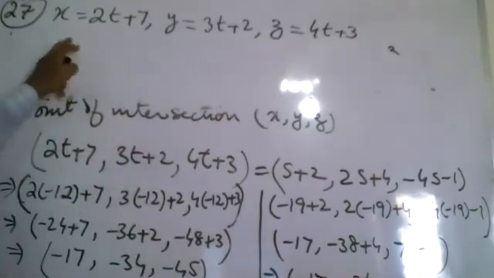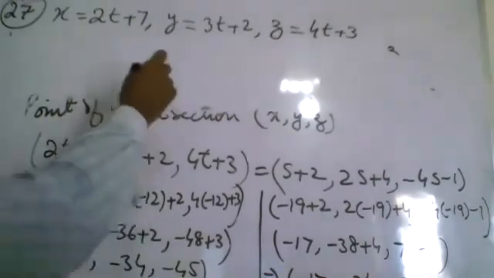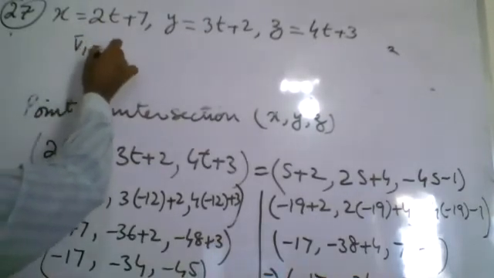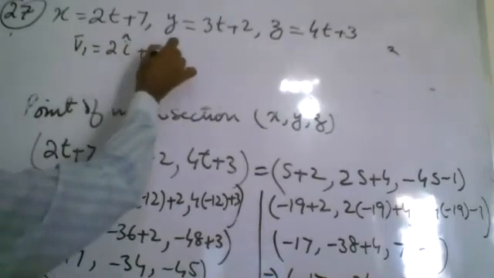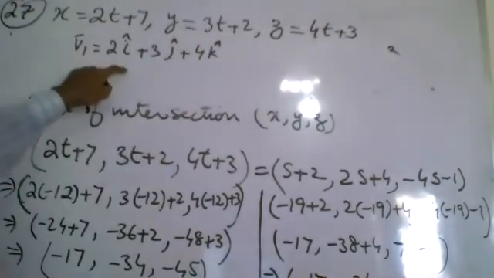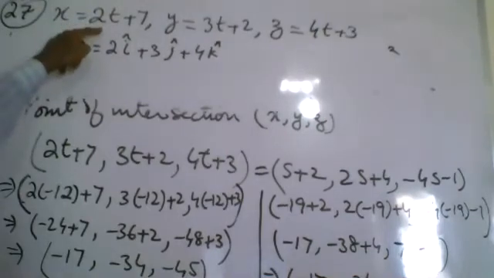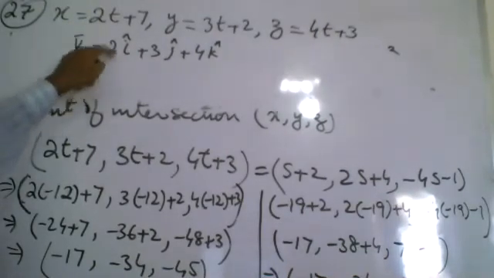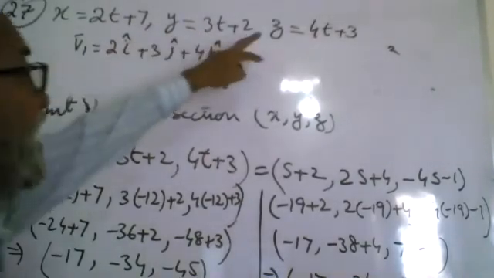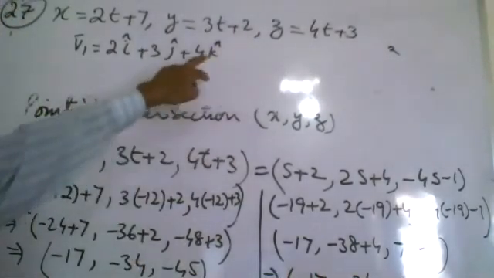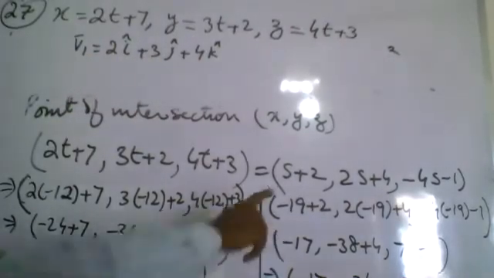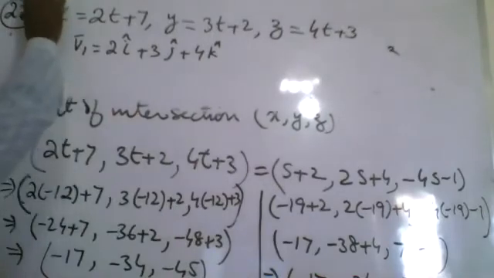This is the equation of the line. So the vector parallel to this one will be v1, that will be 2i plus 3j plus 4k. The number associated with t in x is the coefficient of i, in y it is the j coordinate, and in z it is the k coordinate. This is L1.